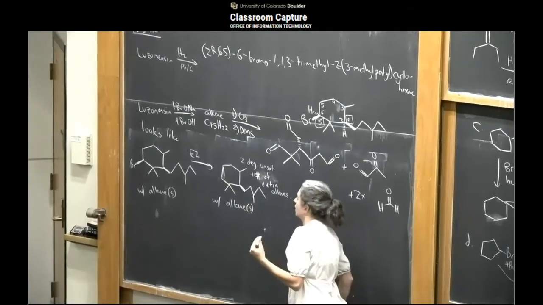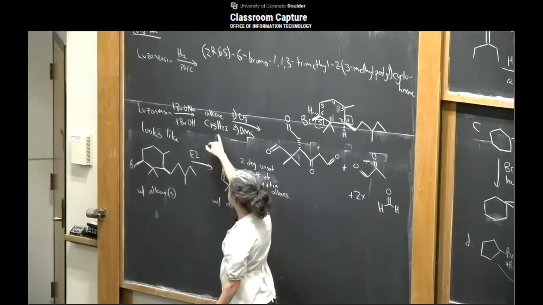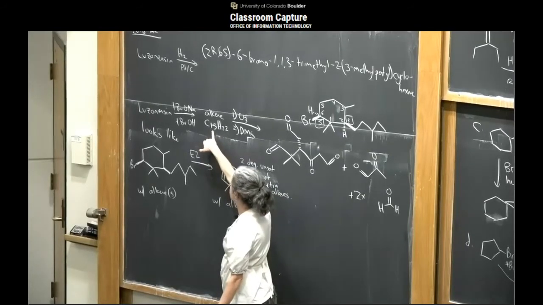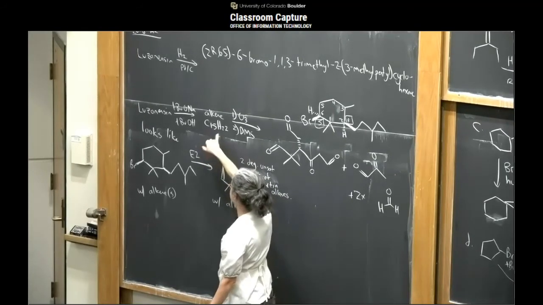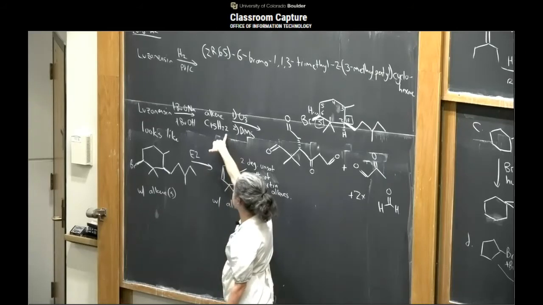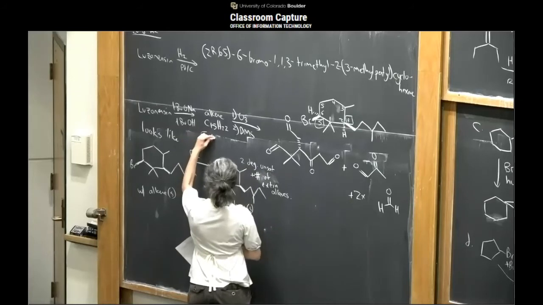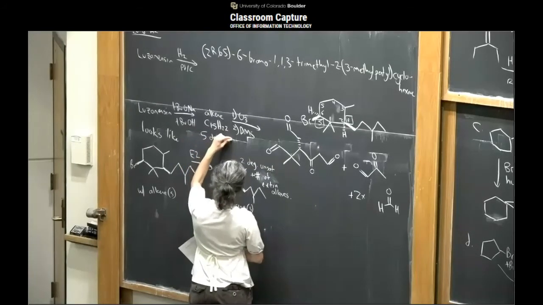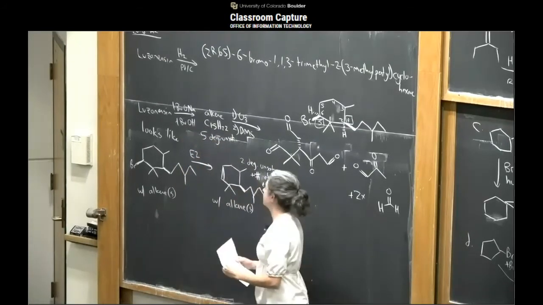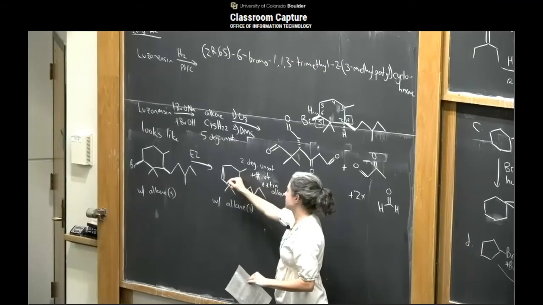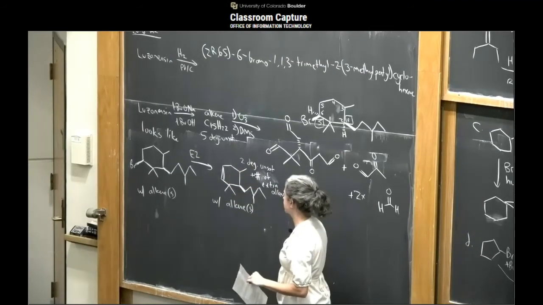Okay, based on what we're given for formula though, this should have 32 protons if it were saturated. It's only got 22, so we've got 5 degrees of unsaturation. So we need another 3 to get the structure to match the formula that we know we're supposed to have.